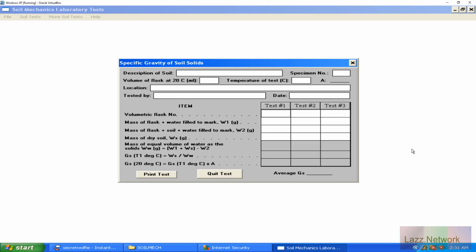So knowing what the weight of your pycnometer with your water at that temperature is going to greatly help you get a more accurate specific gravity. As well as these specifications also cover a K factor, which is just a correction factor that you're going to apply, and that's mostly based on what the temperature of your water is for that.